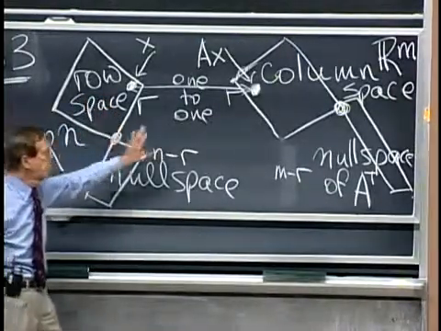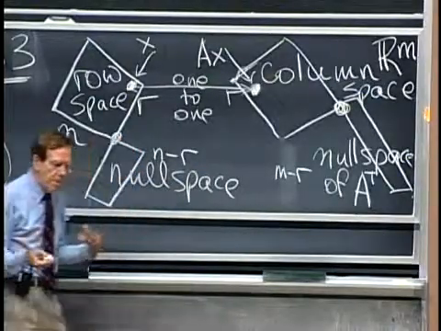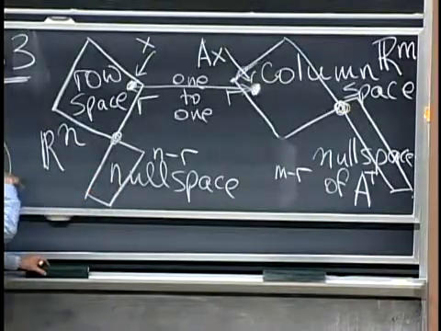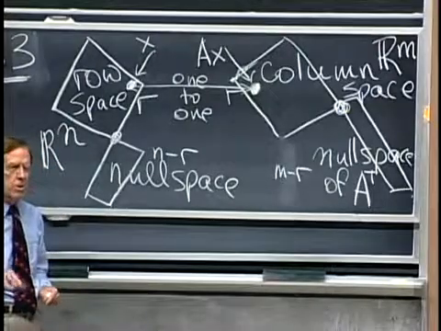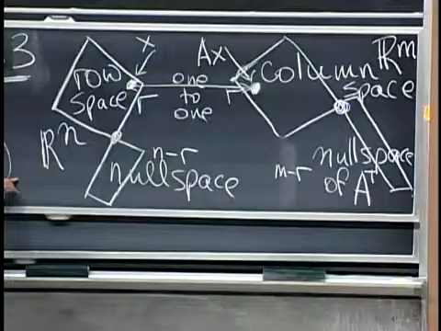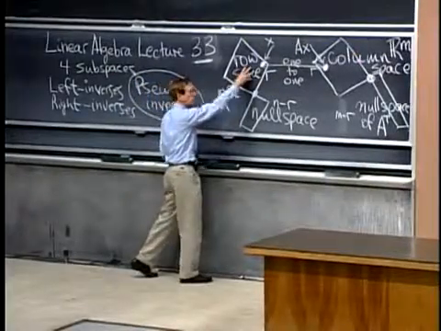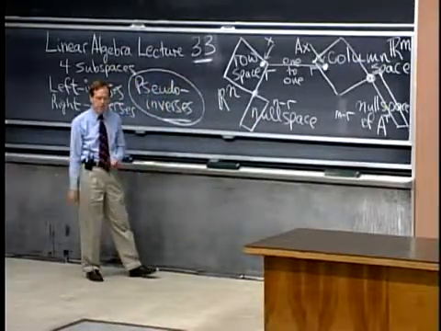That's an r-dimensional space, and that's an r-dimensional space. And somehow the matrix A has these null spaces hanging around where it's knocking vectors to 0. And then it's got all the vectors in between, which is almost all vectors. Almost all vectors have a row space component and a null space component. And it's killing the null space component.